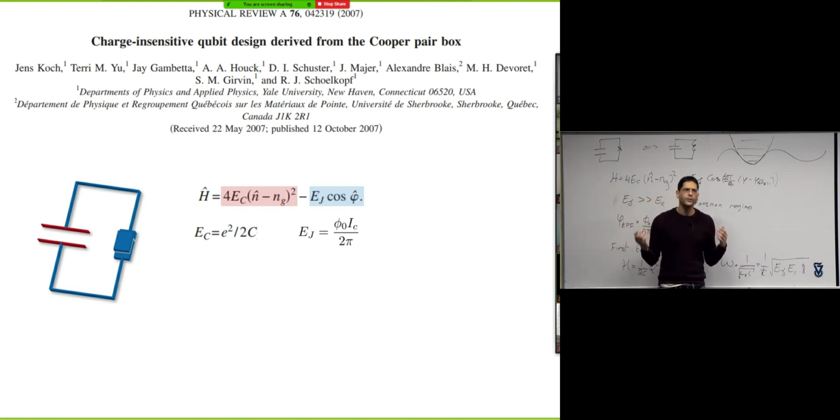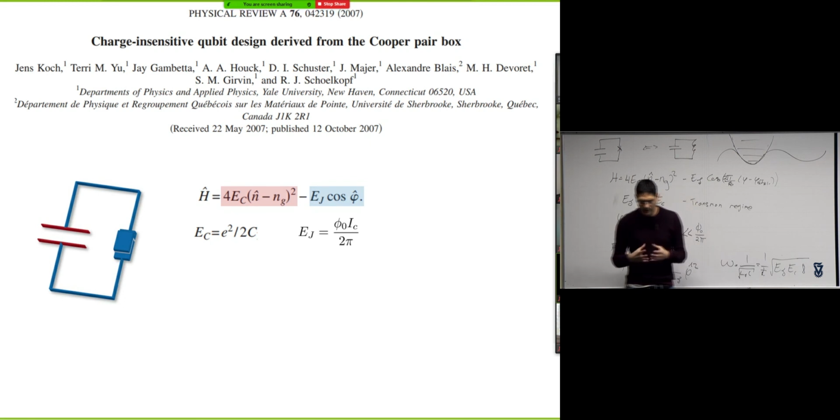If you remember, the refrigerator where we put the circuit inside gets cooled down to about 10 millikelvin, this is much, much smaller than this energy level difference, and that is important because it keeps the qubit most of the time in the ground state, right? We have some thermal distribution, so there is some finite probability for the qubit to be partially excited.